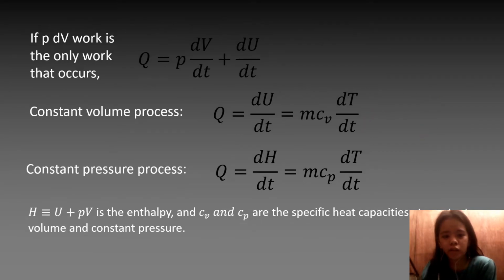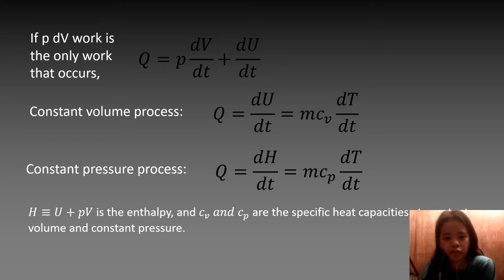The only work that occurs, Q is equal to P dV/dt plus dU/dt. Constant volume process: Q = dU/dt = m cv dT/dt.